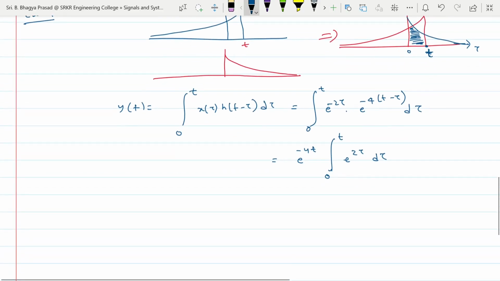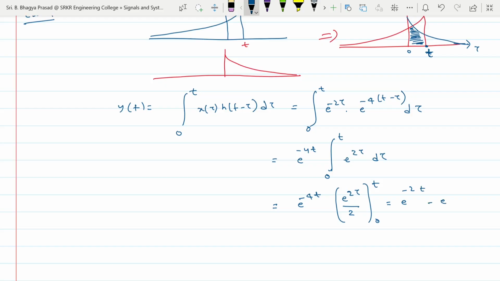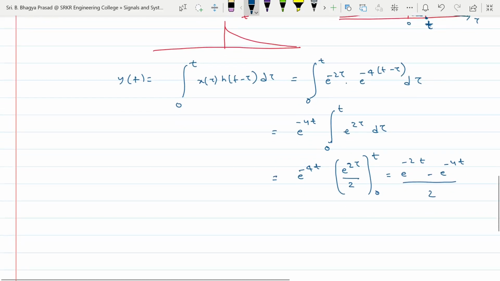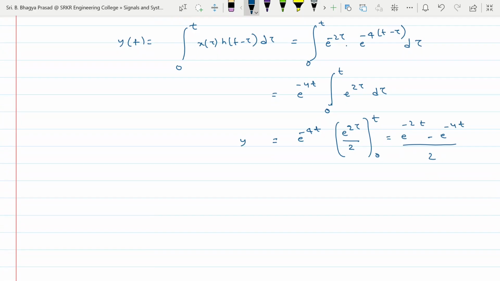So let us do the integration: e power minus 4t, and the integral is e power 2 tau by 2 from 0 to t. This will be equal to e power minus 2t minus e power minus 4t by 2, and this output holds for t greater than 0. So y of t is e power minus 2t minus e power minus 4t by 2 for t greater than or equal to 0.